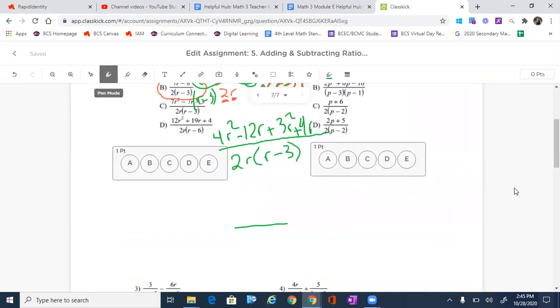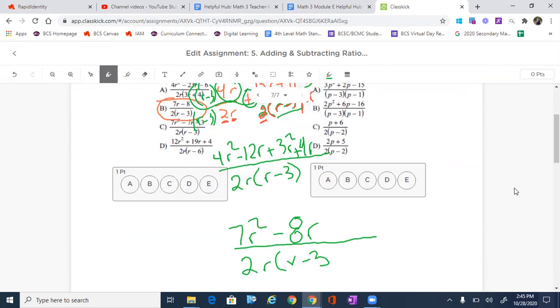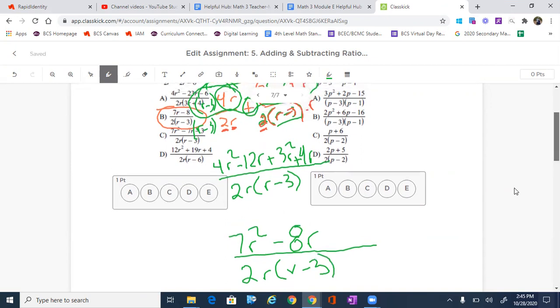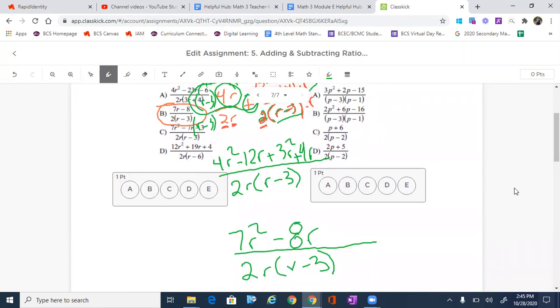So let's do that. I've got 4r squared plus 3r squared, which is 7r squared. Negative 12r plus 4r is negative 8r. And I've got 2r and r minus 3. As we go through this, what you're going to pay attention to and hopefully see is that there is a common factor in 7r squared minus 8r.